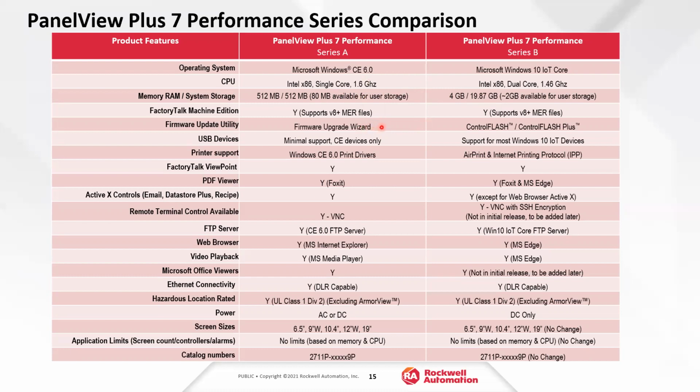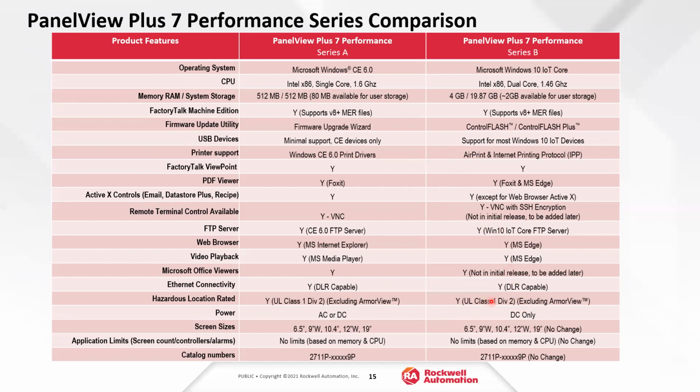We're so used to ControlFlash and everything else. Here we had the firmware upgrade wizard. So now the Series B will support ControlFlash and ControlFlash Plus. It looks like some better printer support, AirPrint and Internet Printing Protocol. So again, just a nice upgrade on that unit, which has probably been needed for some time.